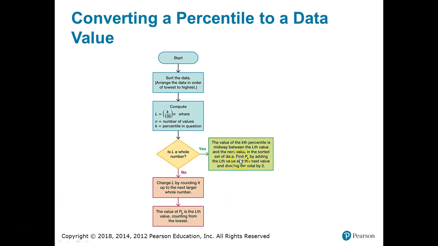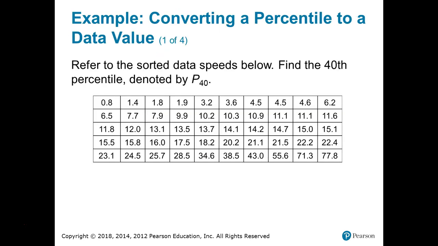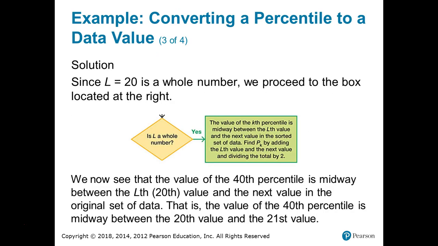The value of the kth percentile is midway between the Lth value and the next value in the sorted set of data. So that means that the 40th percentile is midway between the 20th value and the 21st value.